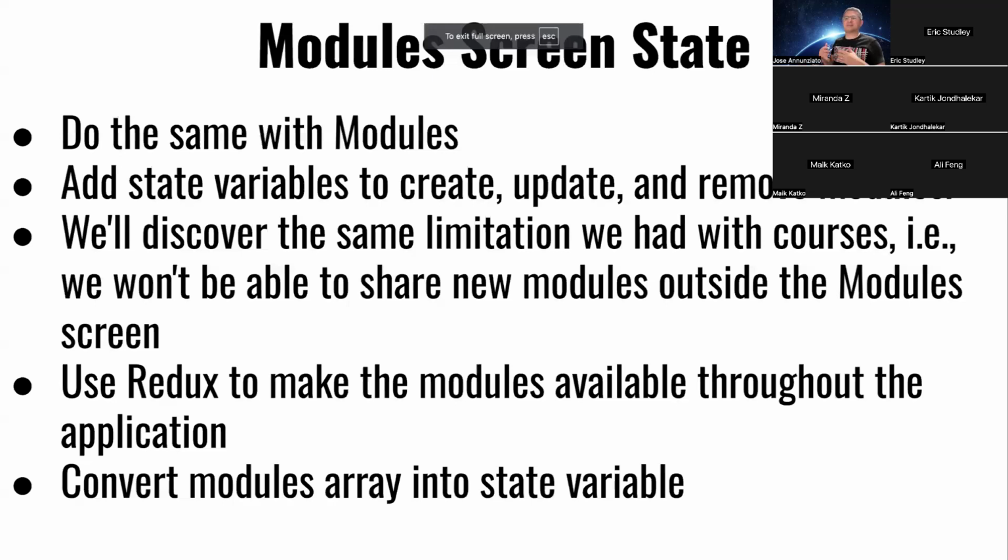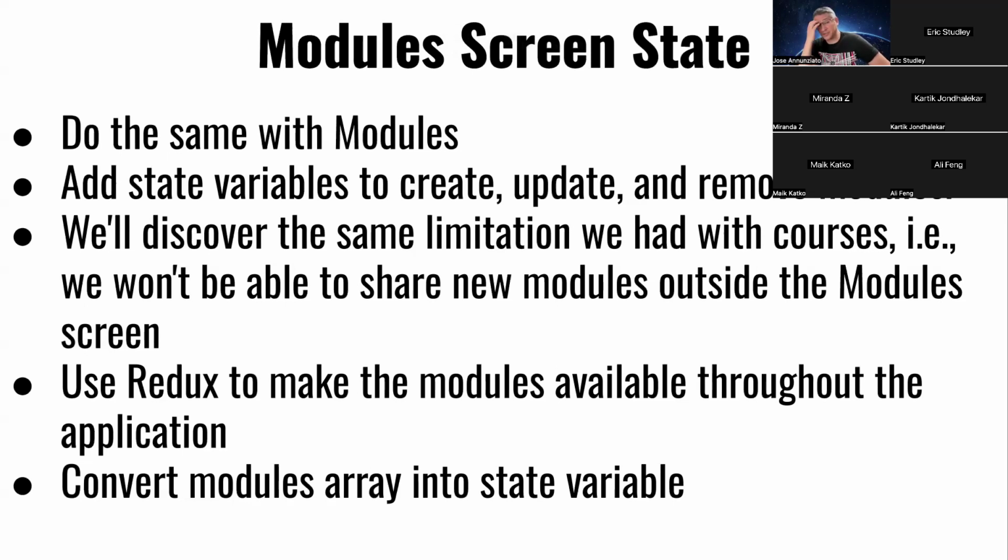We want to be able to basically do the same thing with modules. We're going to take the array of modules that we currently have, and we're going to convert them into state variables, so that we can append new modules, delete modules, edit modules, do all the basic CRUD operations on modules.